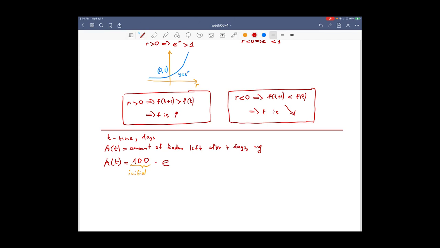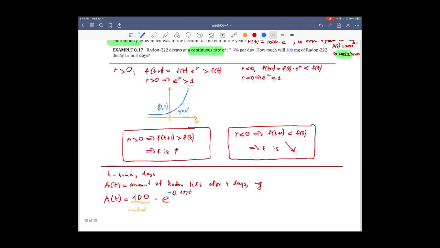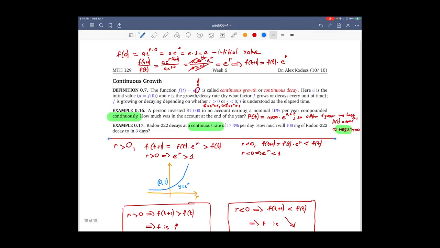Unfortunately, many students would simply write e to the power 17.3% or 0.173t. But that would mean radon is not decaying, it's growing by 17.3% every day. To make it into decay, we have to put a minus. Remember, decay occurs when the continuous percentage rate, r, is negative.